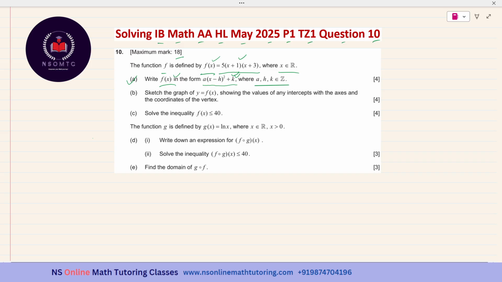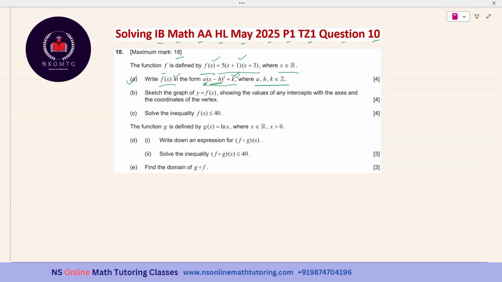So you see if you expand this (x minus h) whole square, you will be getting x squared minus 2xh plus h squared. So times by a, it will be ax squared. That means the coefficient of x squared will be equal to a.